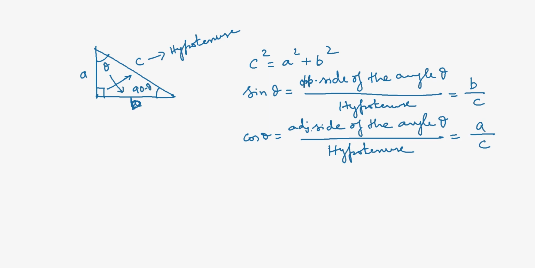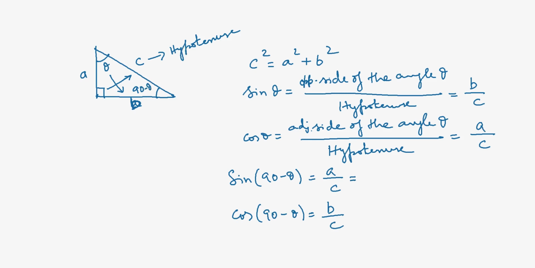If you go for the other angle, sine of 90 minus theta, 90 minus theta is one of the angles, right? Its opposite side is a over c, and cosine of 90 minus theta will be the adjacent side over the hypotenuse, that will be b by c.